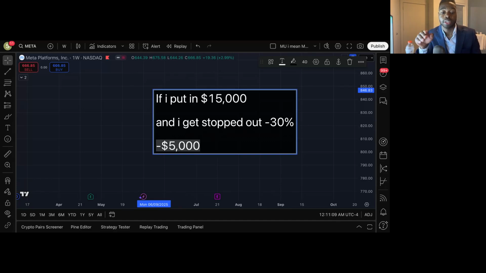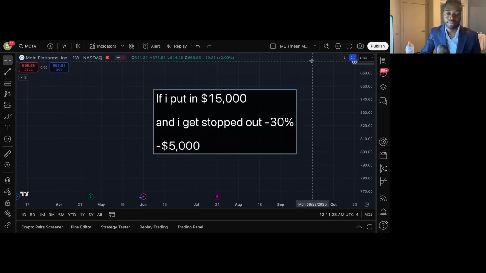But you need to understand, this is the question you ask yourself: how much am I willing to lose on this trade? That's the number one question. The number one thing you need to be asking yourself when you're getting into trades. How much am I willing to lose to find out if I am correct? Okay. So that's the big thing that I ask myself.